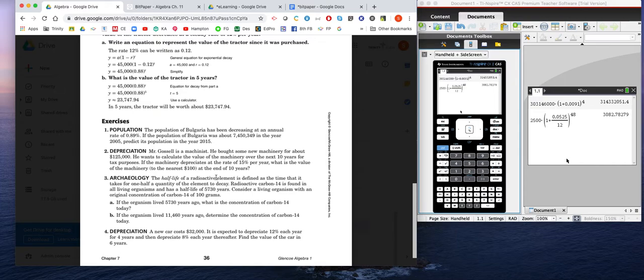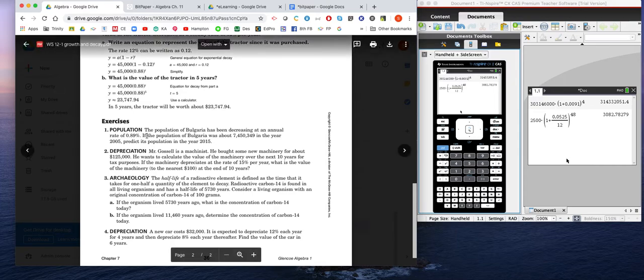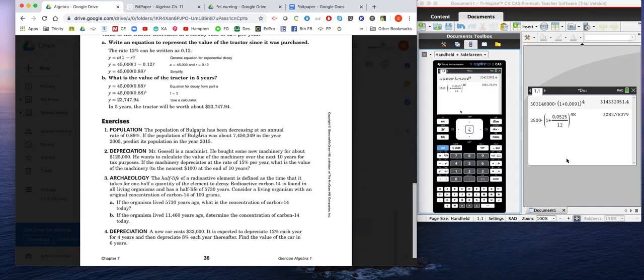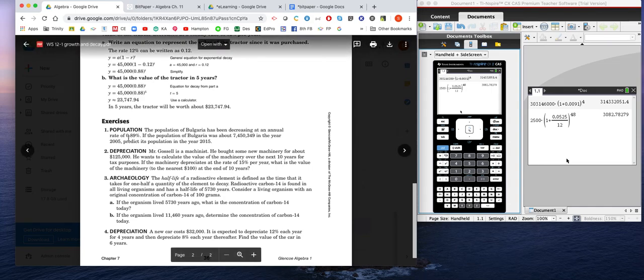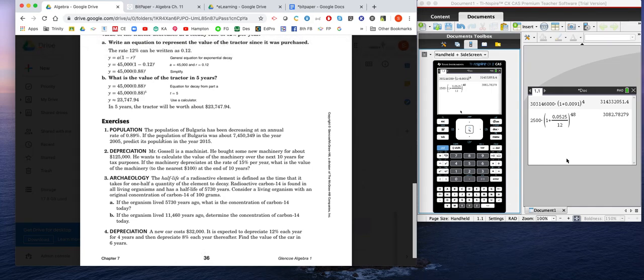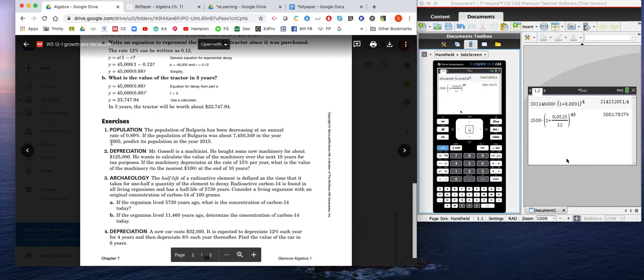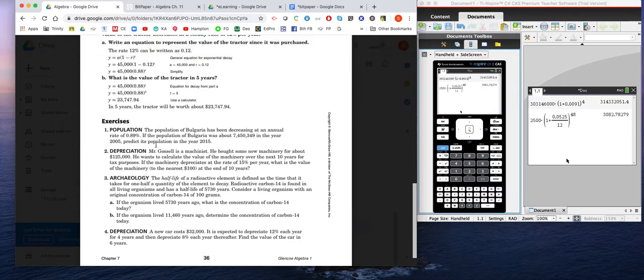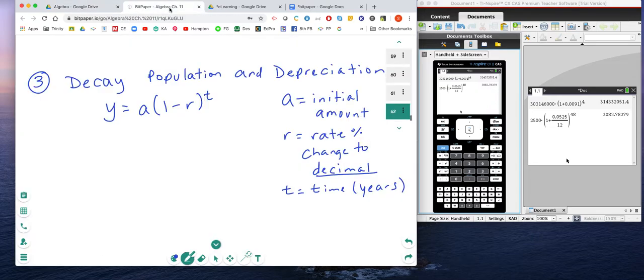All right, so let's go ahead and look at our information here on population. It's decreasing annually at 0.89%. They give us our beginning population in 2005, and we're predicting the population in the year 2015. So we're going to take our information that we know.